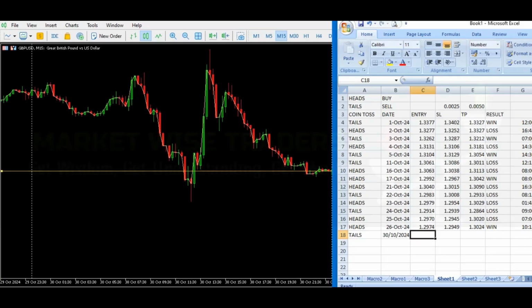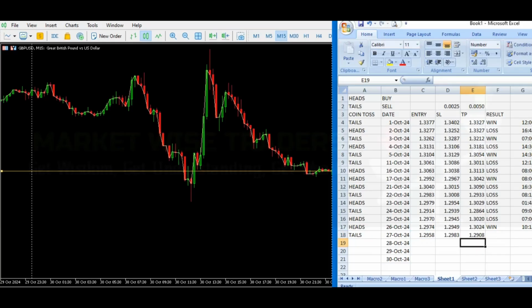And what is the price on this thing? The price is 129.58. If I'm selling, that means stop loss is above, so I'm adding, and take profit is below, subtract.